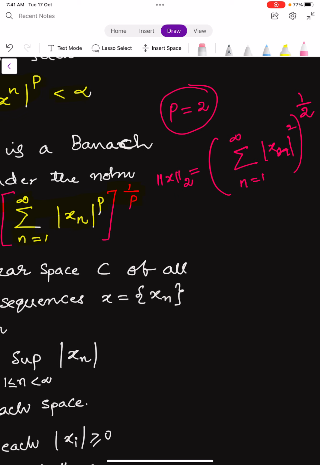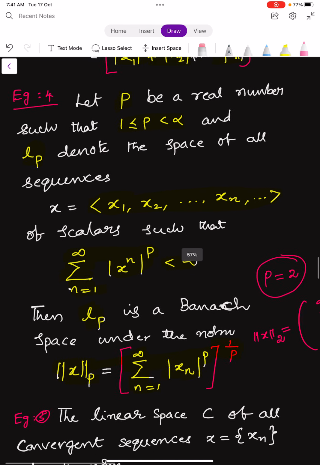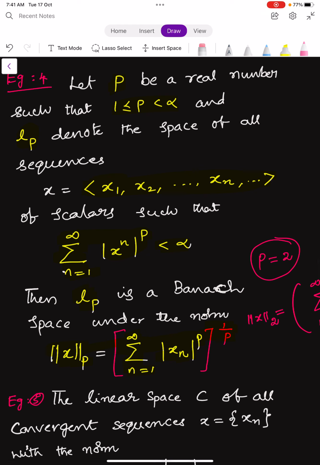So from this example you can construct many more examples. In place of p, you can replace 2, 3, 4, 5 and so on.